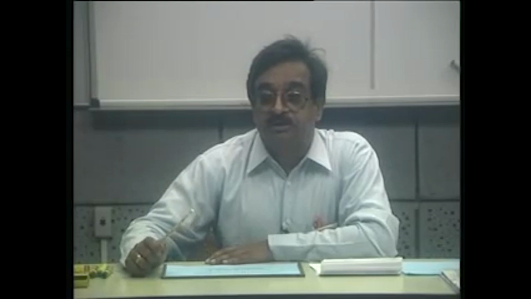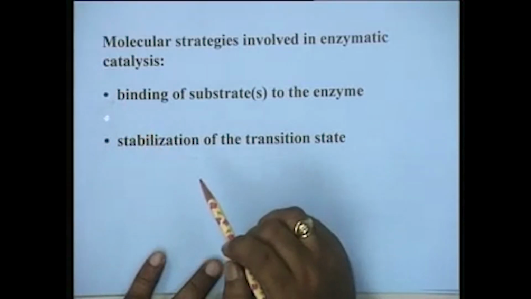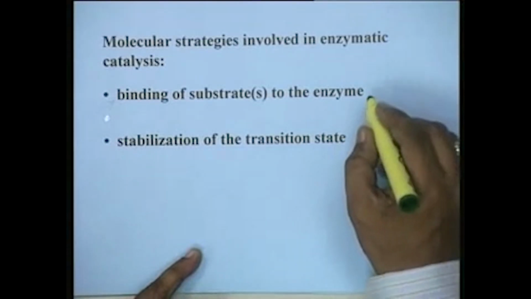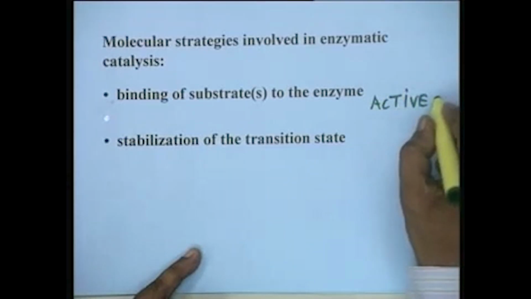However, this catalytic efficiency is attributed to two major molecular strategies that we had discussed earlier, and they are binding of the substrates to the enzyme on the active site. Mainly the major playground here is the active site present on the enzyme molecule.